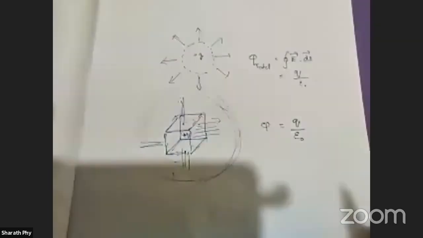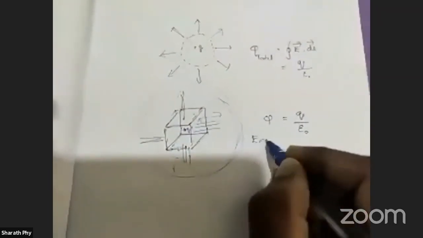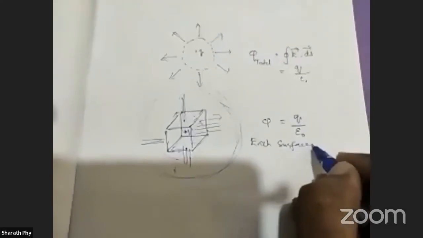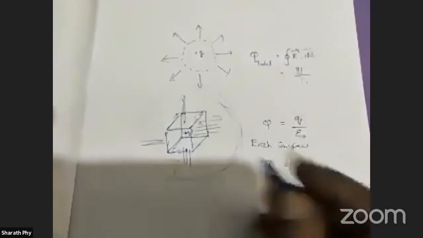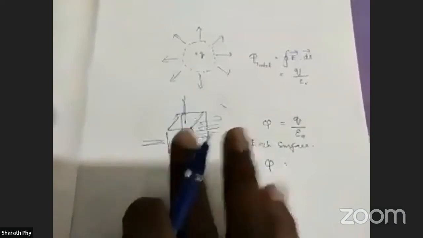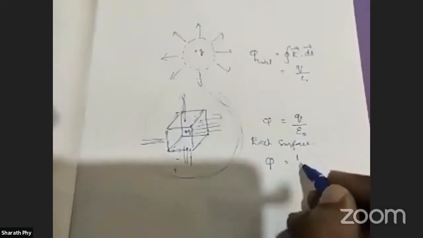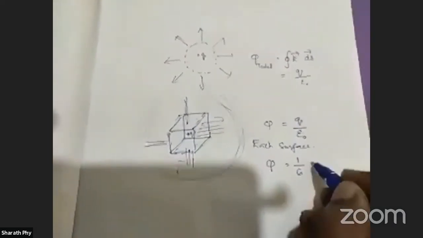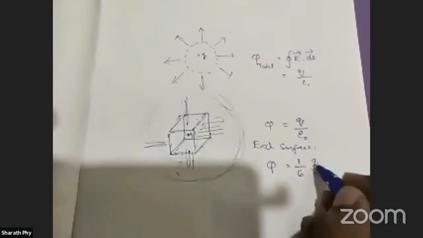But what about each surface, each face? How much flux is linked with each surface? We have 6 surfaces, and we consider one surface among the 6. This is the flux linked with each surface.